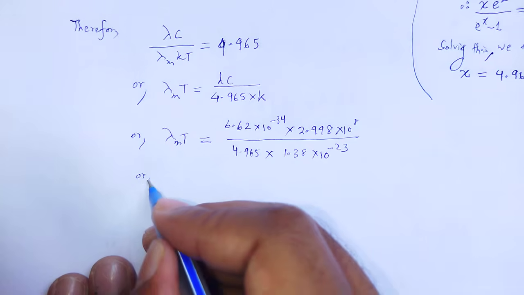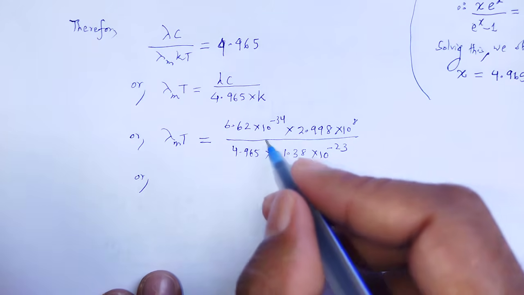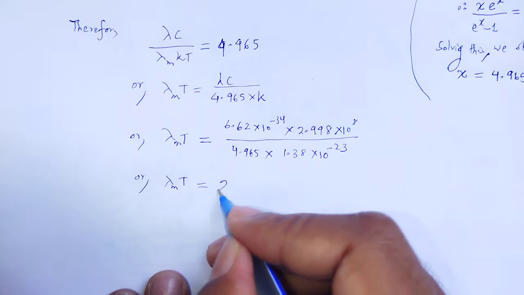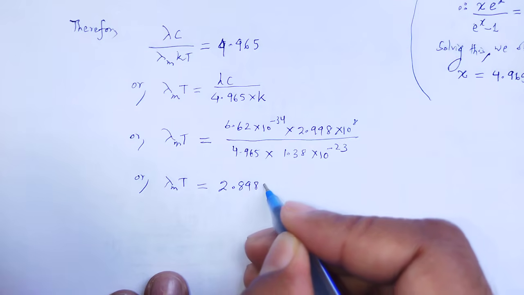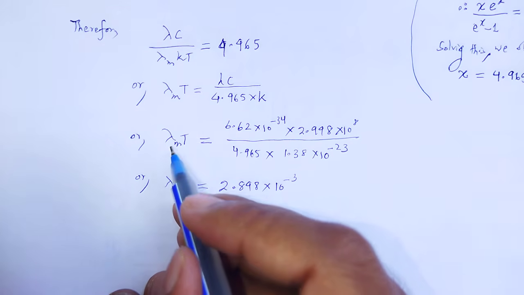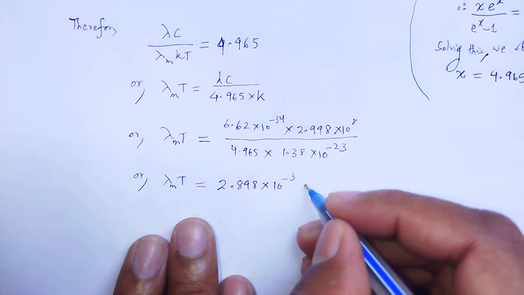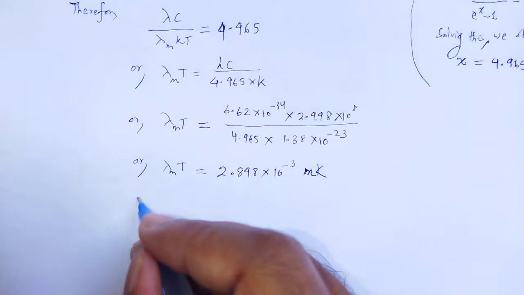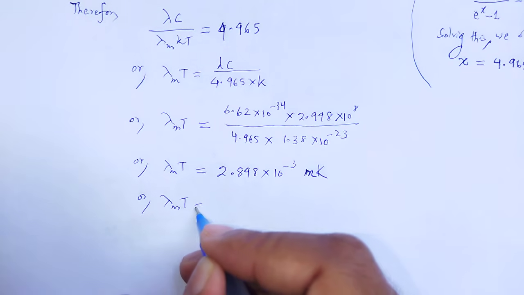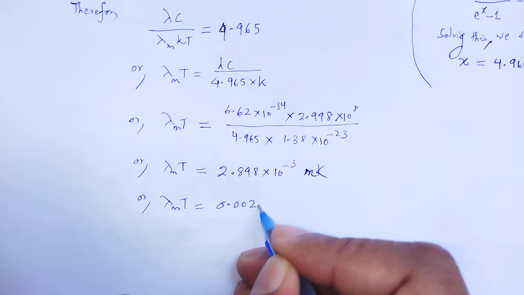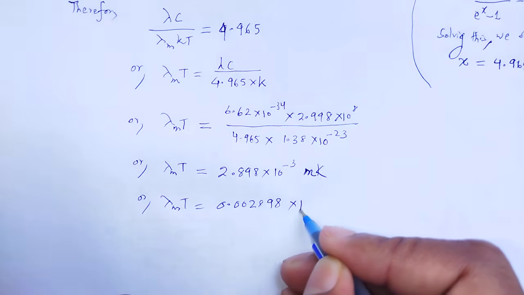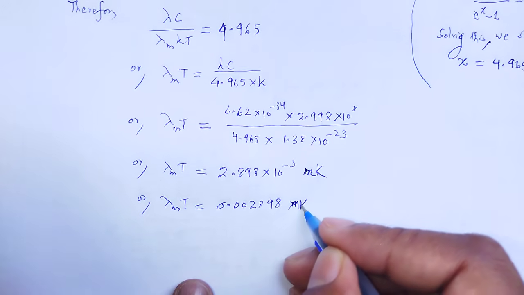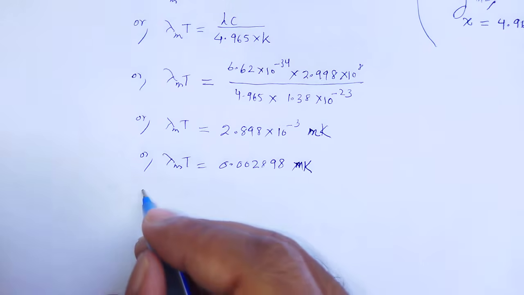Solving that entire mathematical expression, we have lambda m into T is equal to 2.898 into 10 to the power minus 3, lambda its unit meter, temperature units Kelvin. Lambda m T is equal to 0.002898 meter Kelvin, that term is a constant.